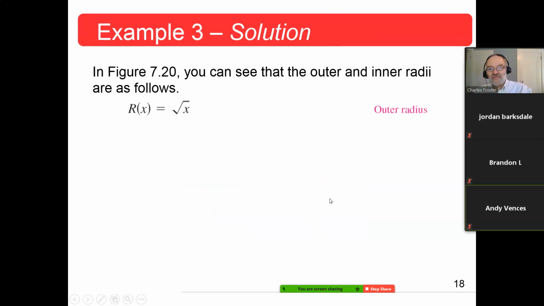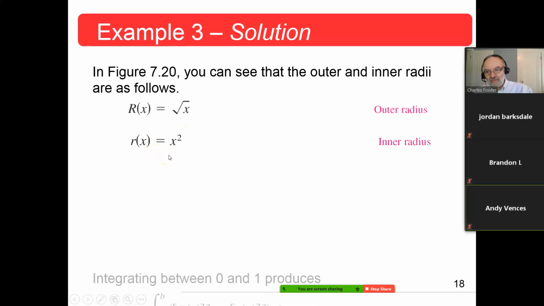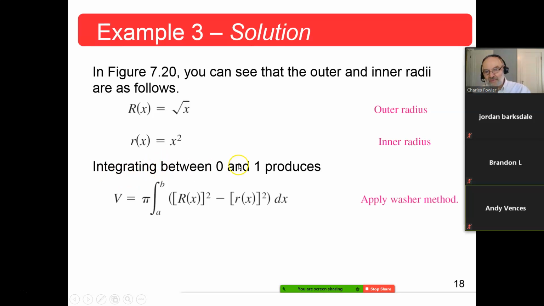Okay, so let's see what our equations will be. You see that the outer radius is square root of x, the inner radius is x squared, and your formula is integrating between 0 and 1, because those are the limits of the integral. Pi on the outside, because that's for that disk minus that disk. Pi r squared minus pi r squared.